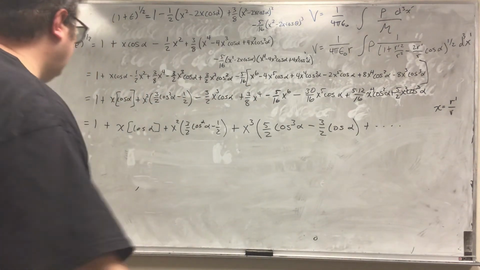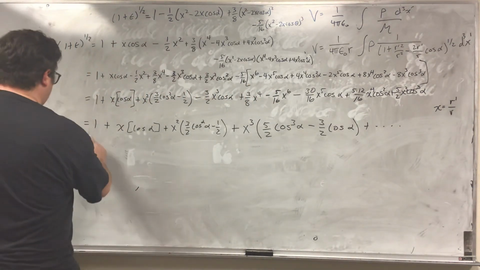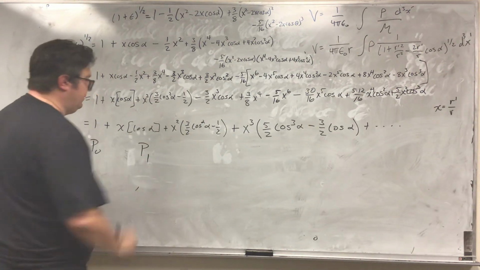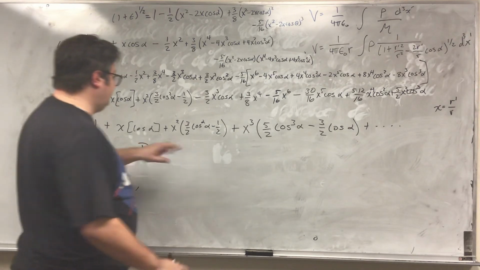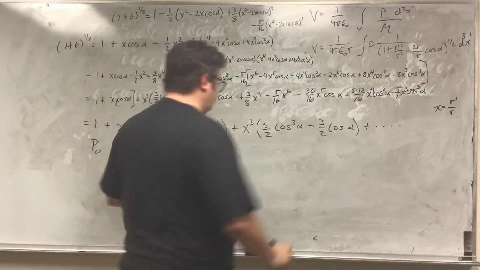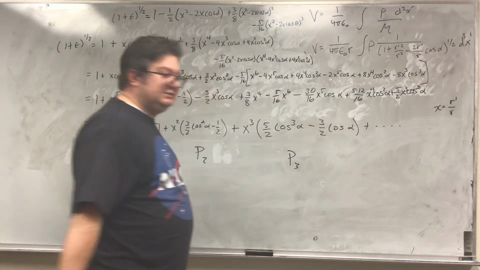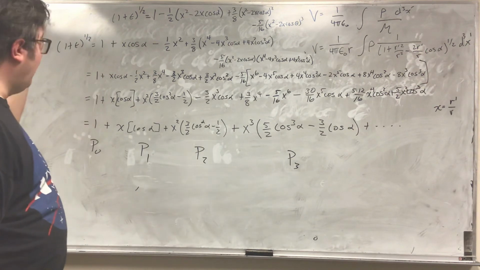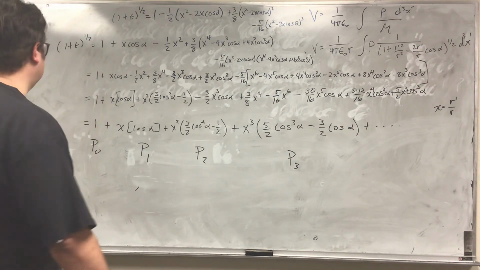And so you start thinking about it, well, wait a minute. This is just P0. And this is just P1. And this is just P2. And this is just P3. Holy cow! This is just the generating function for the Legendre polynomials.